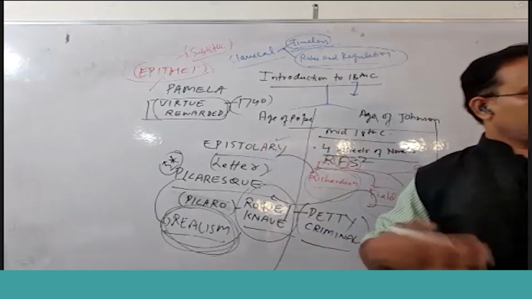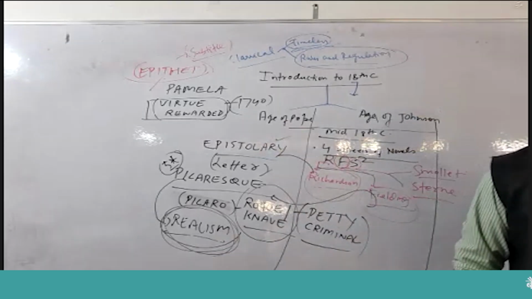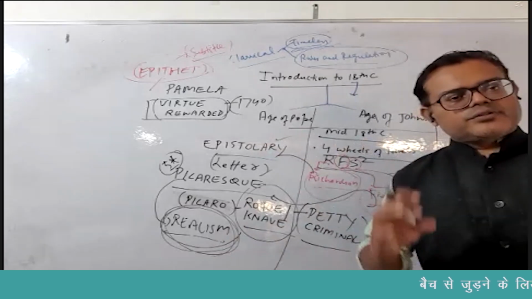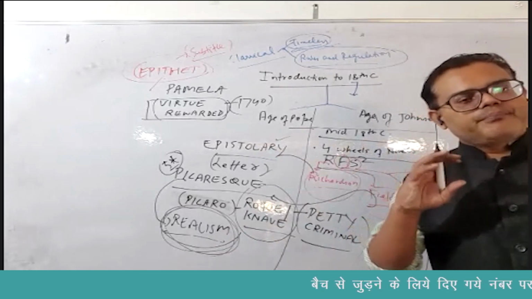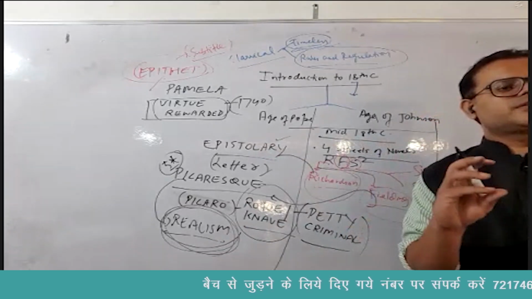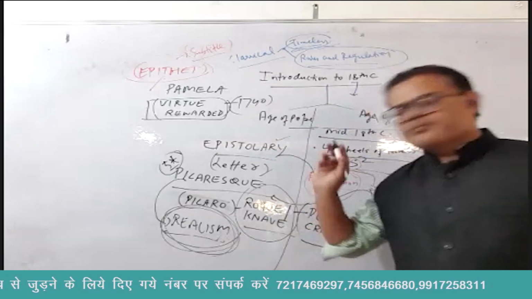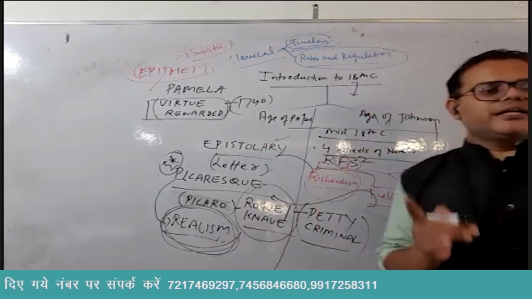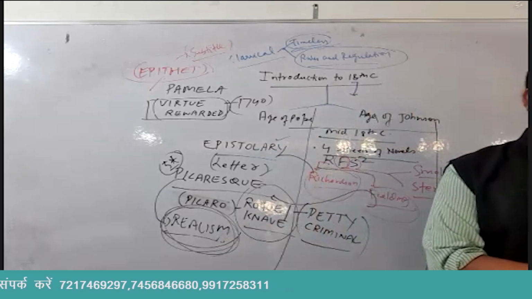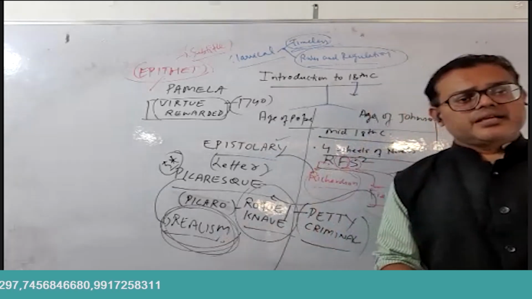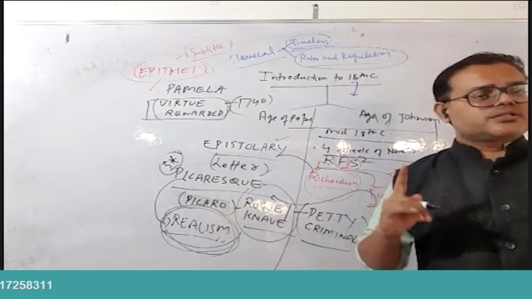So we are bound to call him the father. But let me tell you, the element which brought novels to English society is the element of realism which separates it from its predecessors. Because novels were realistic, that's why they were called novels.